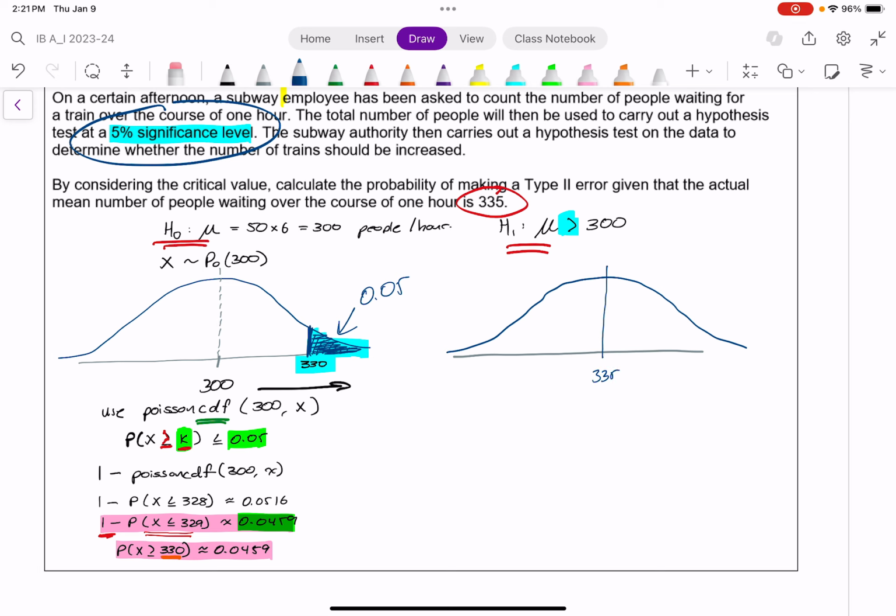What's the probability that we will fall outside of the critical region even though we have rejected this? And so we know our critical region starts at 330, which I know is to the left of this, which means our critical region is all of this, okay? But we want to find the probability that it ends up in here.